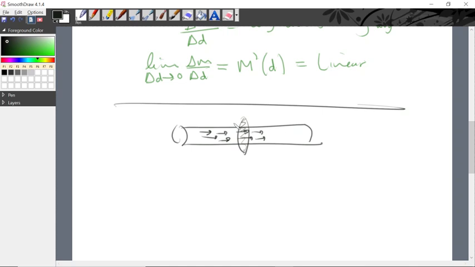The amount of charge that flows through this surface per unit of time, that is the change in the charge with respect to a change in time, would be the average current. And then if we take the limit as the change in time approaches 0, that would be the derivative of the total charge with respect to time, and that is what we call the current, the electrical current.